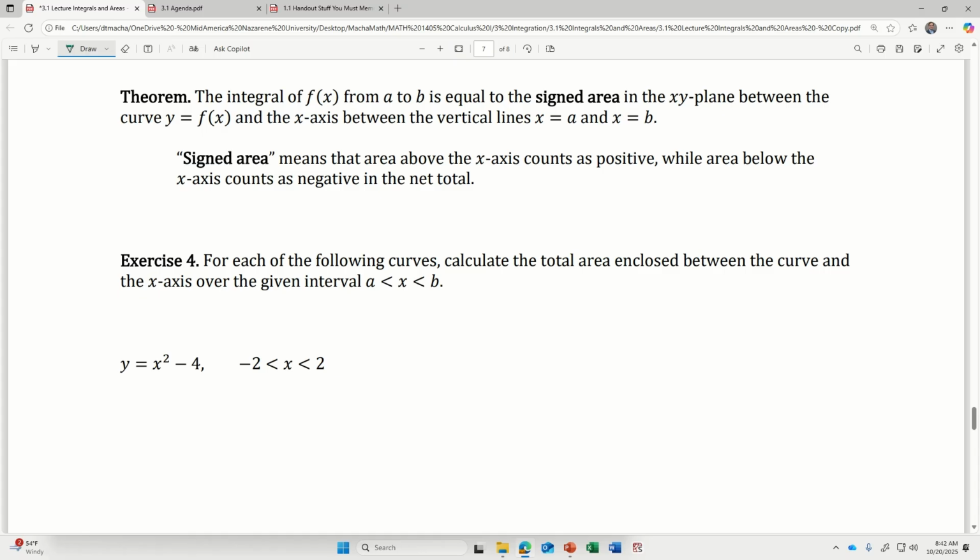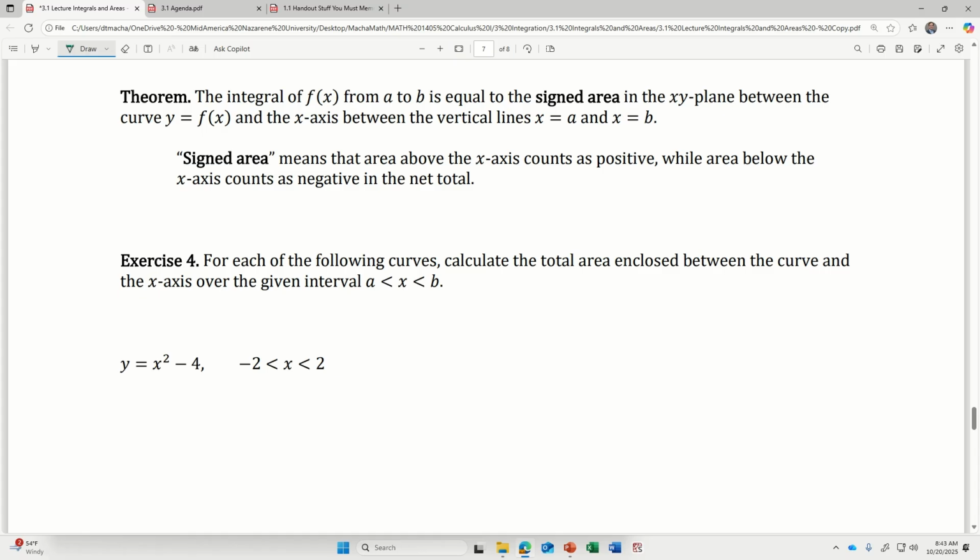But one geometric reason you might care is because an integral is the signed area in the xy plane between the curve y equals the integrand and the x-axis between the lower bound and the upper bound. Whenever I say signed area, I mean that in my xy plane, I've got the x-axis running through the middle.